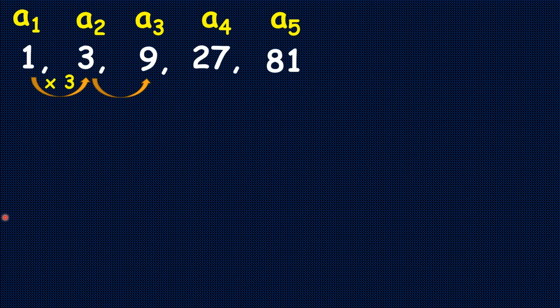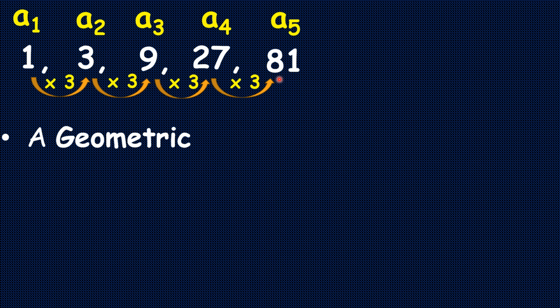So multiplying the first term by 3 gives us 3. That is 1 times 3 gives us 3. Multiplying the second term 3 by 3 gives us 9. And then multiplying the third term by 3, which is 9 times 3, gives us 27. And then multiplying the fourth term, 27, by 3 gives us 81.